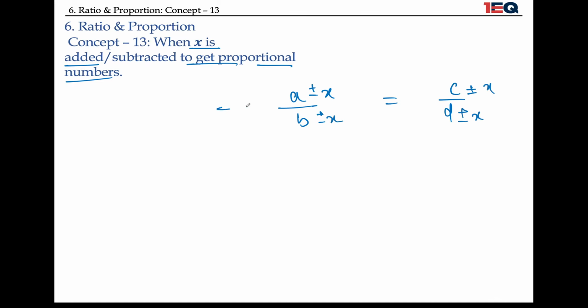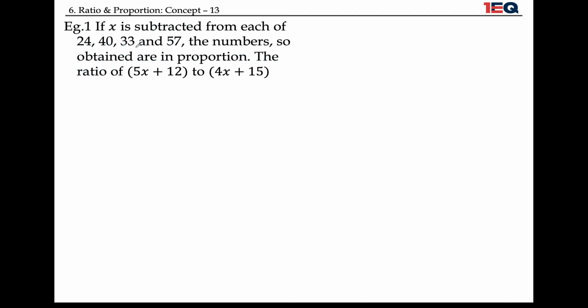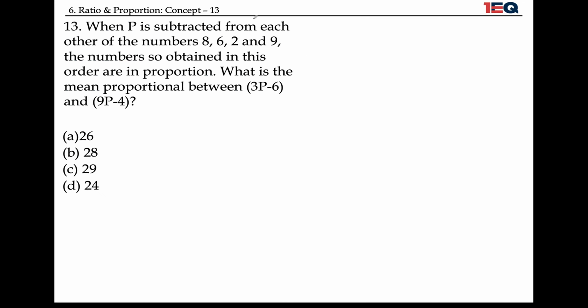When such a situation arises that the plus minus thing comes up and you have to do it on all the variables in the ratio, that is when you get this concept number 13. What I'll do is I won't be solving it right away. I will be taking you to the next point first. These are much more important, but I would still let you take this question number 13 as a test for yourself. Take a screenshot of it and solve it without even me teaching you about it.